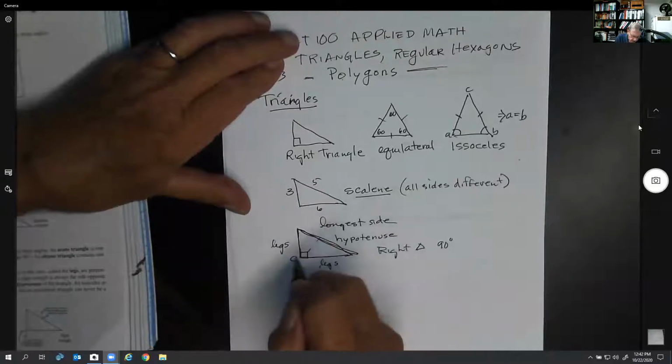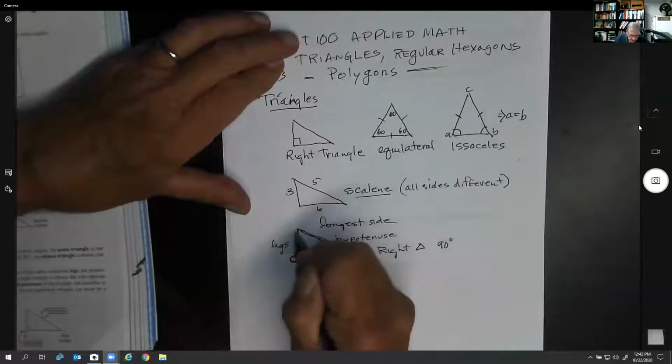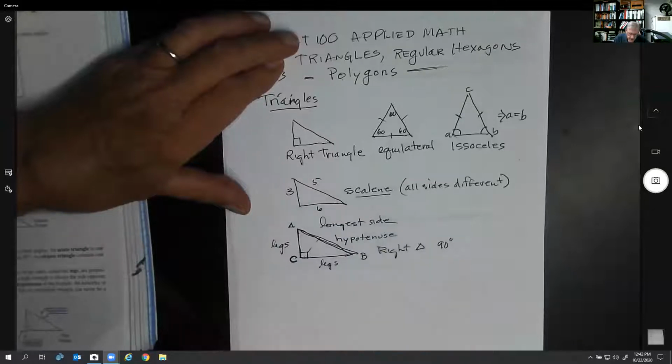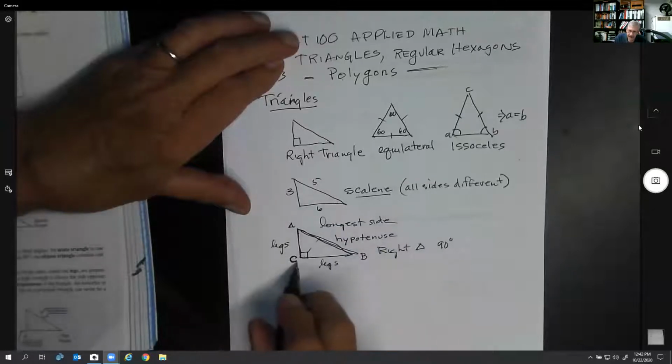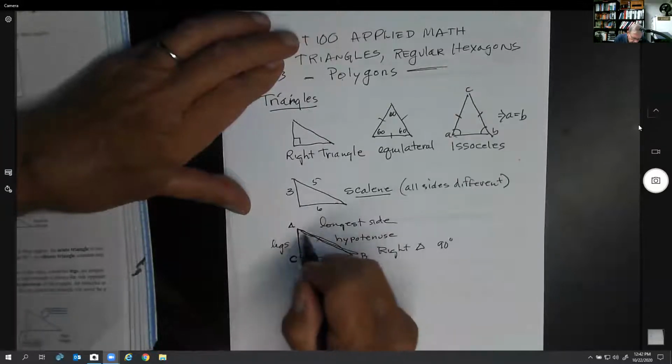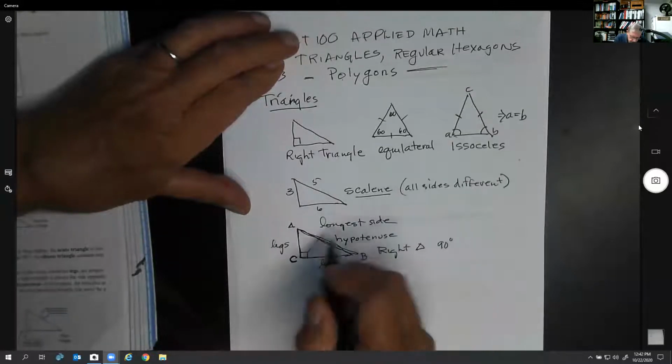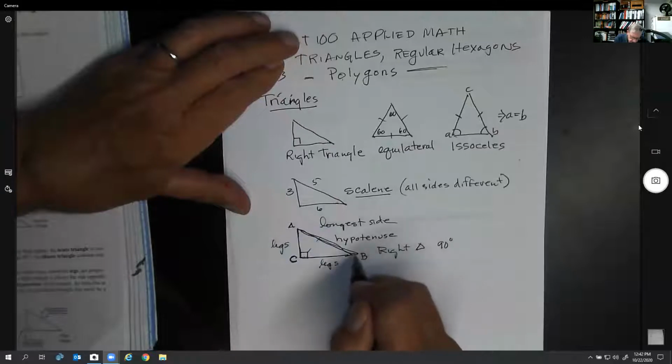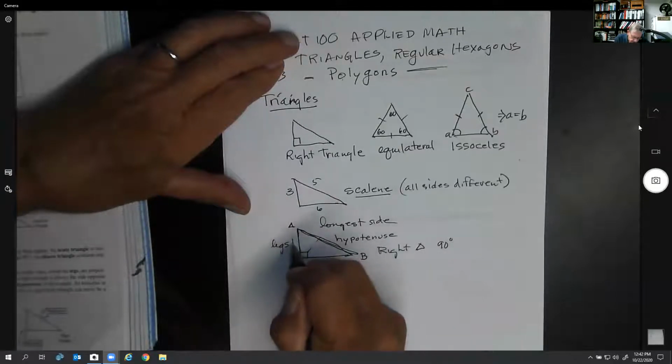So for angles we usually use capital letters. This could be A and this could be B. A, B, C, like that. Or it could be B, C, A. Okay, but the sides opposite these, we use lowercase.